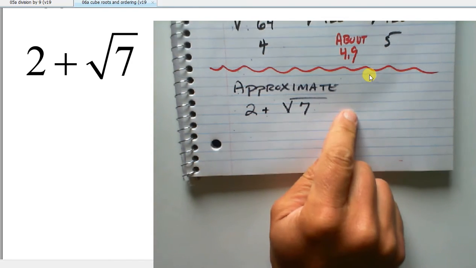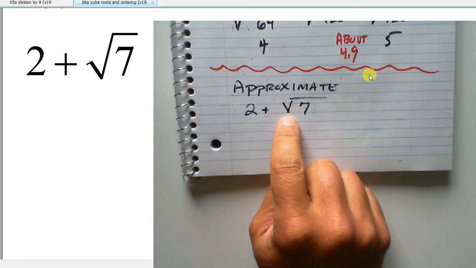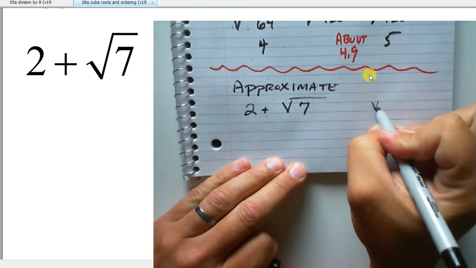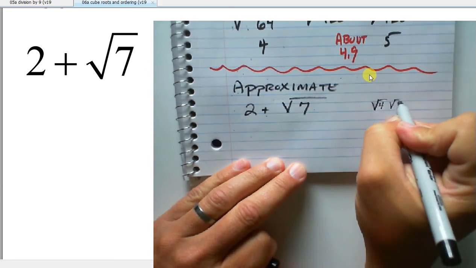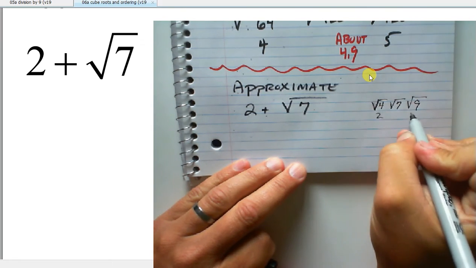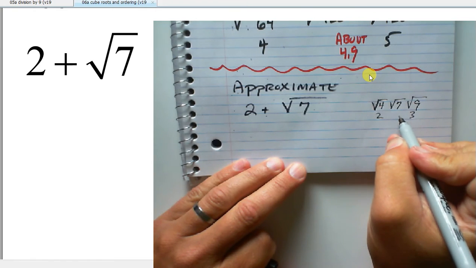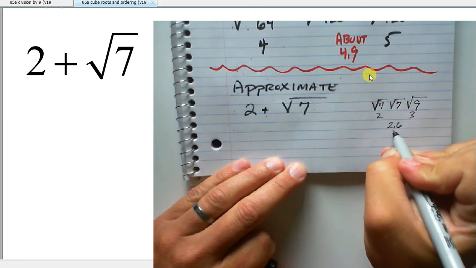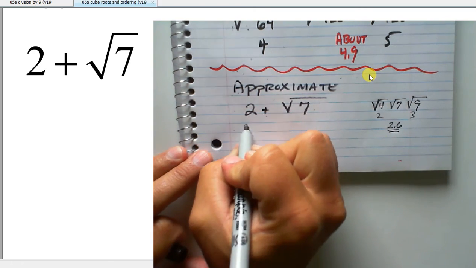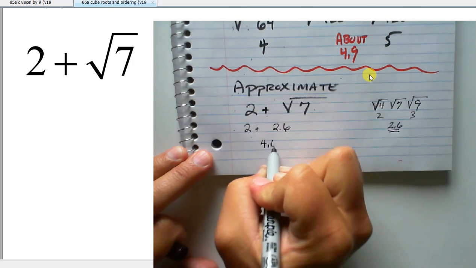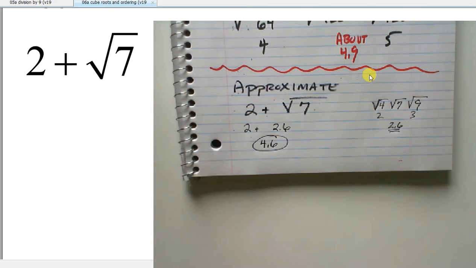The square root of 7 is between 2 and 3, and it's a little bit closer to the 3. Let's go with 2.6. So this is really 2 plus 2.6, which is 4.6.